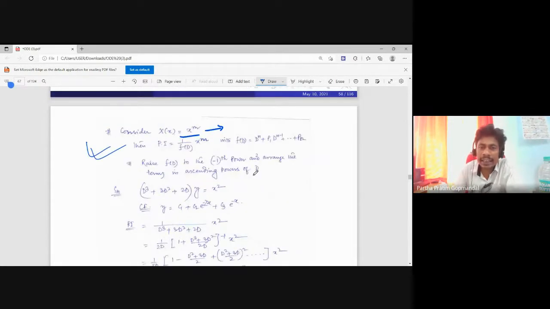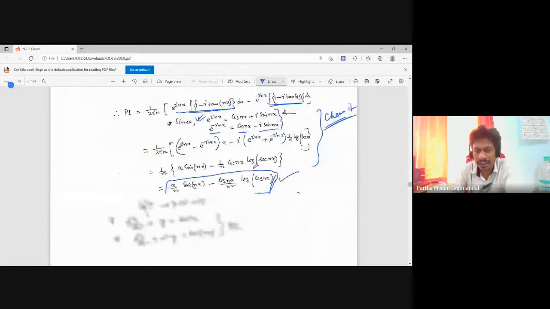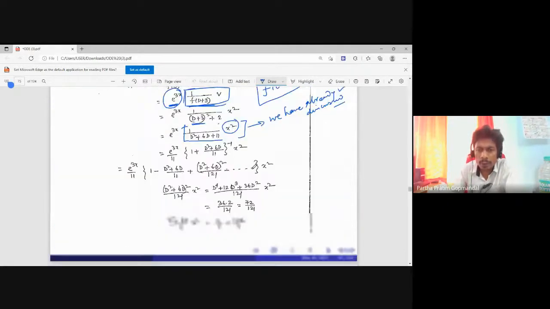The idea here is you have to expand F(D) to the negative power of D and arrange that in terms of ascending power of D. Just binomial series expansion actually you have to use. Let me highlight again, discuss a little bit. You may forget. It will be good then.